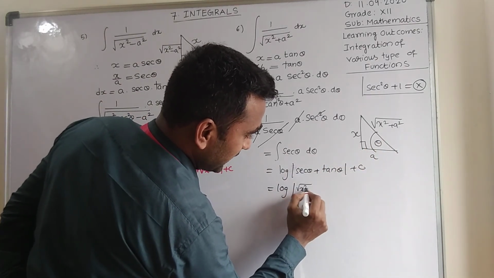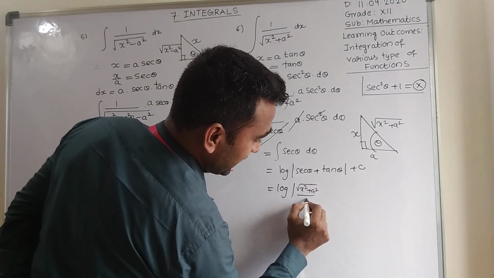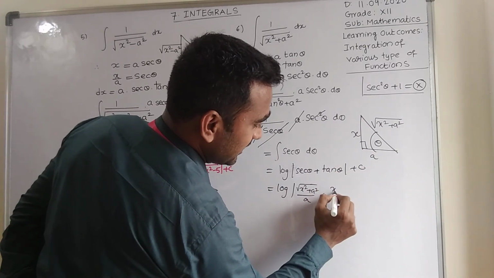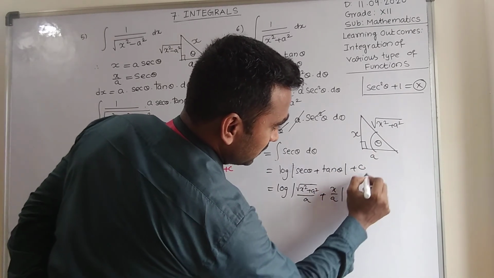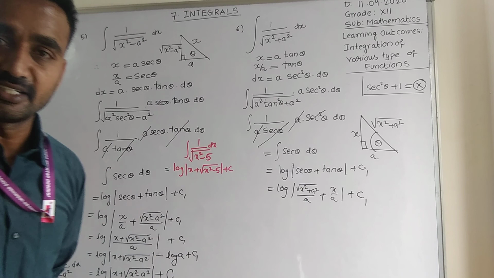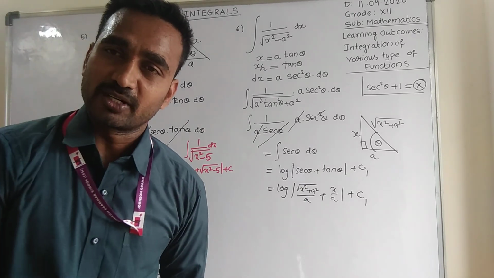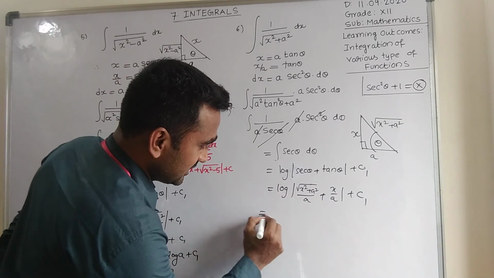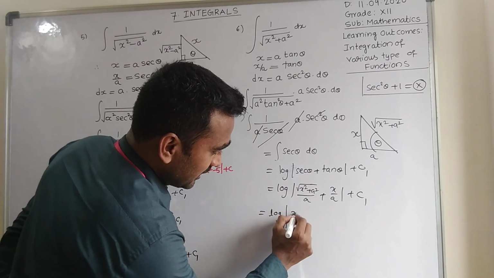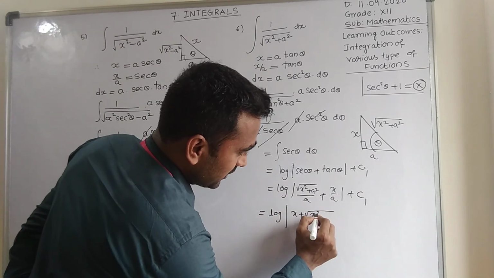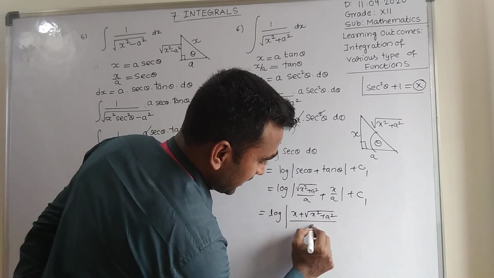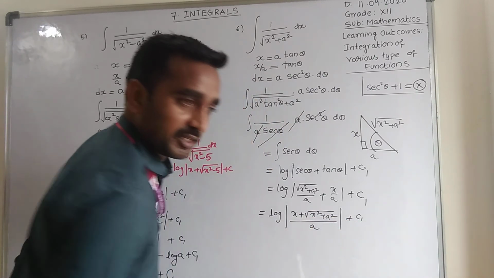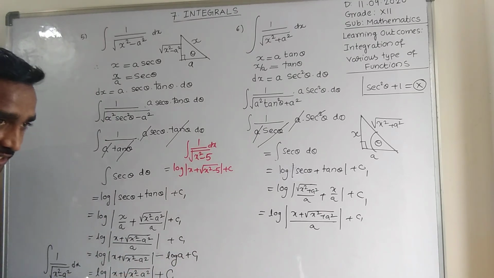Root over x square plus a square by a. And tan theta is x by a, plus c. So students, here also assume the constant is c1, because you will get one more constant c2. So log a by b. Now it is equal to logarithm of x plus root over x square plus a square, by a, plus c1. Now just log a here, what we did.